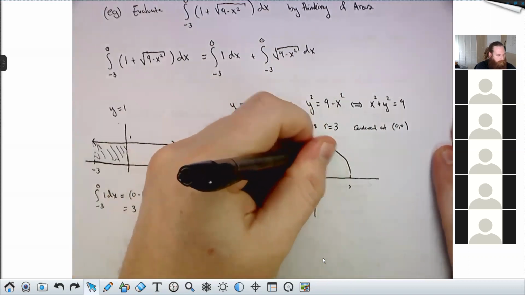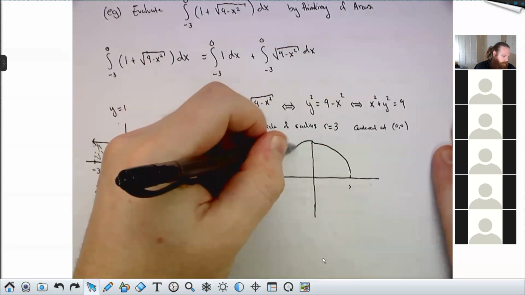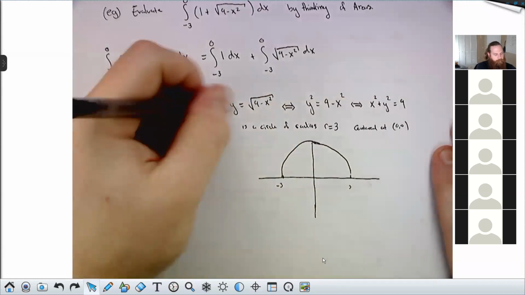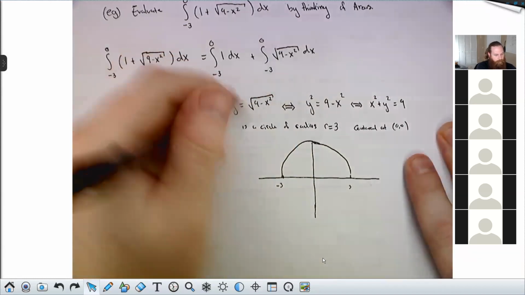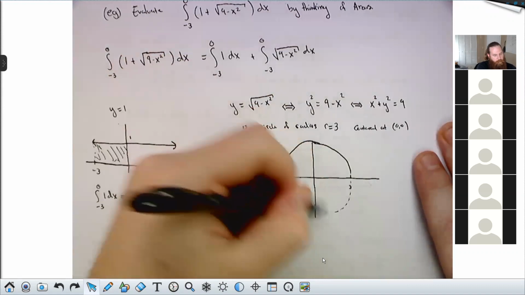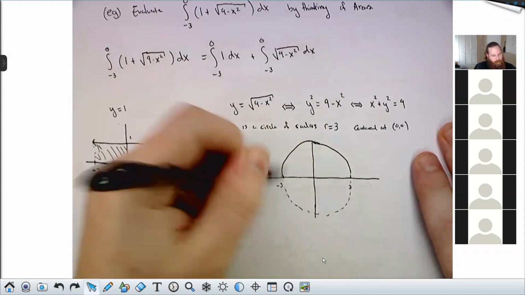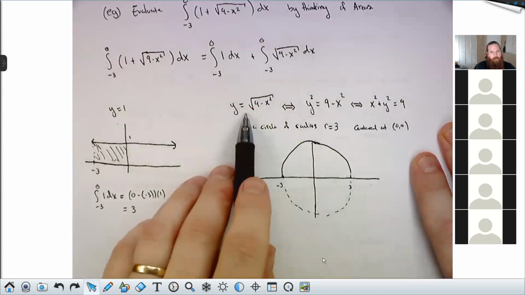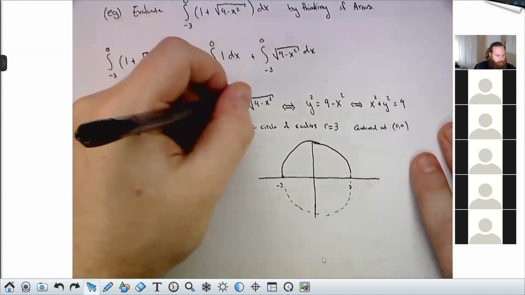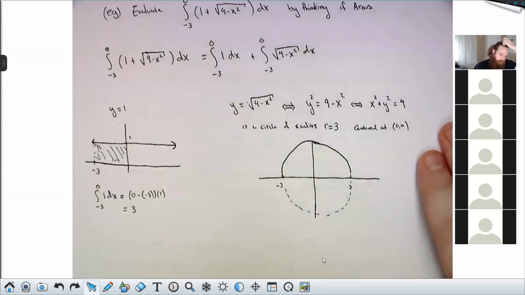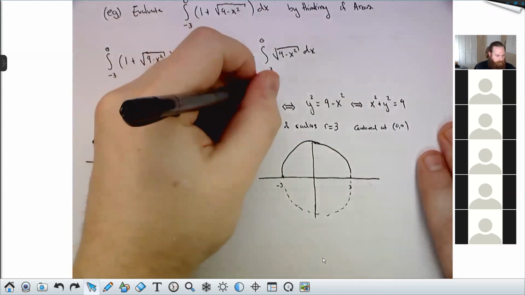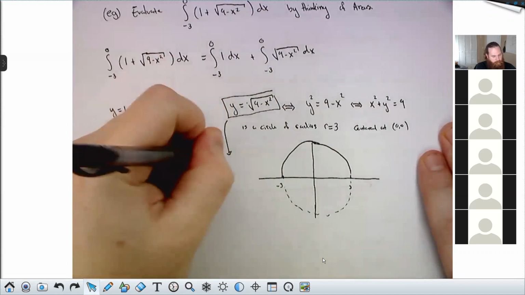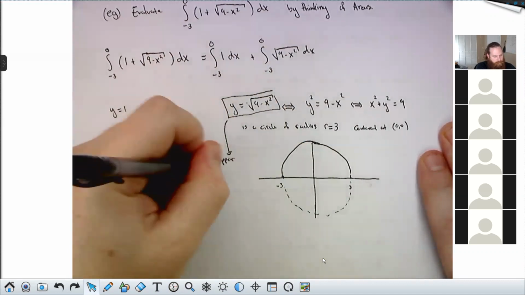But since the thing they gave me was just the positive square root, it's really just the upper semicircle. In the form that I wrote it with x squareds and y squareds, you get the whole circle. But here, to get the whole circle, you would need a plus and a minus. So this piece, this is the upper semicircle.